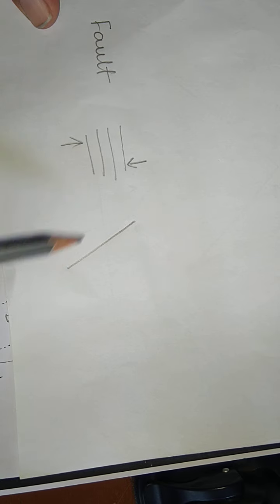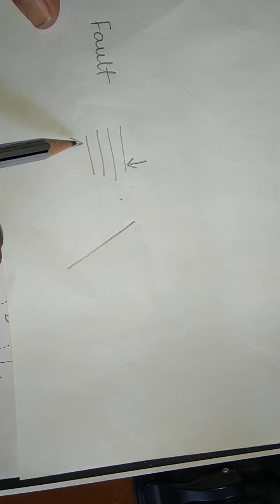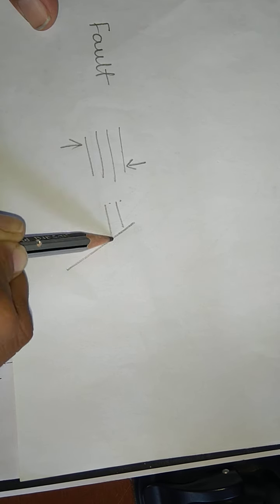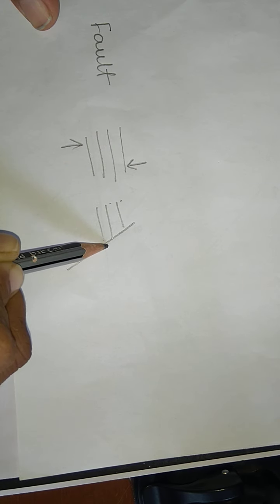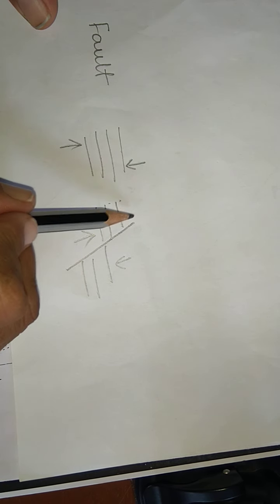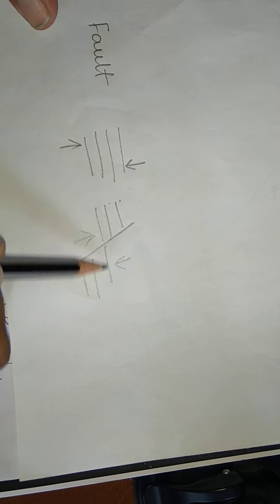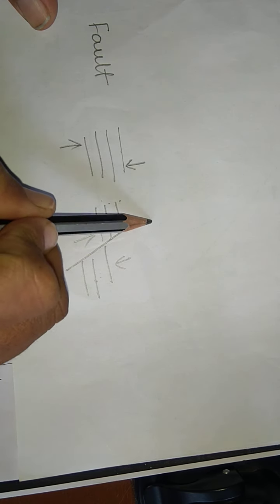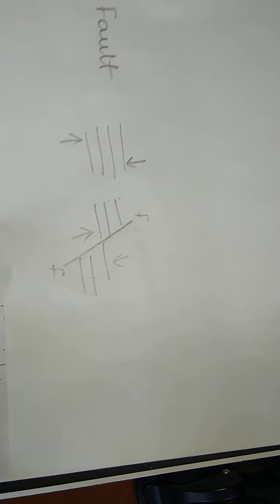Along a line, these beds get displaced. This block will move up and this block will move down. This displacement is called the fault. Along a line, the beds are displaced on either side of the fault line. This is called the fault plane. This is called the faulting.